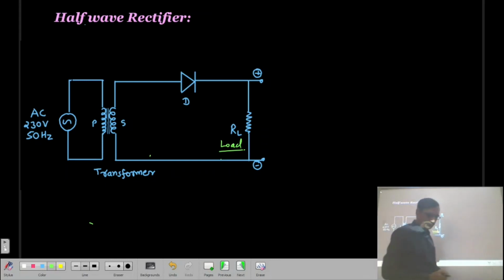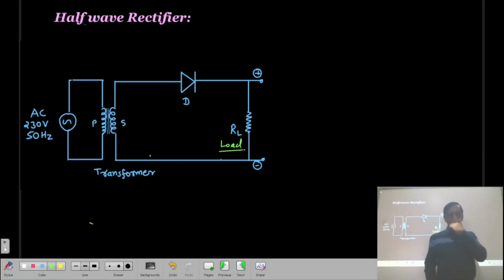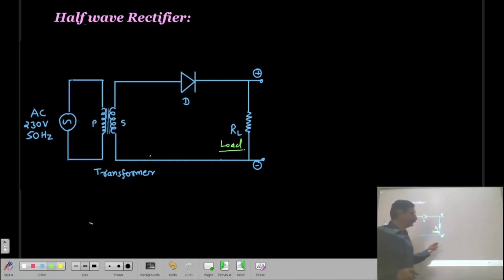Now, what is RL? RL is not simply a resistance which we have connected. Whatever RL I have mentioned in the diagram, this one is a dummy RL. It is a dummy load.